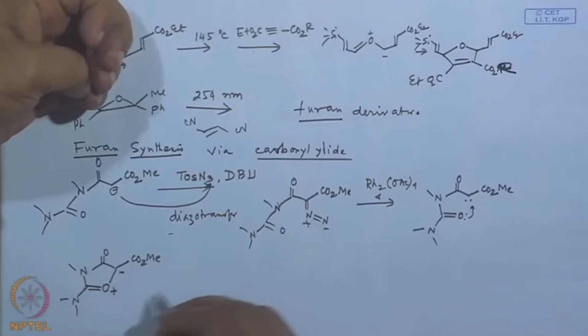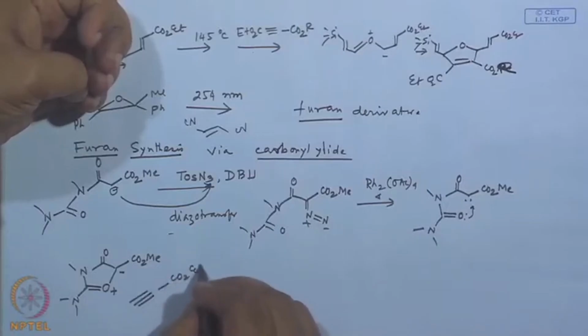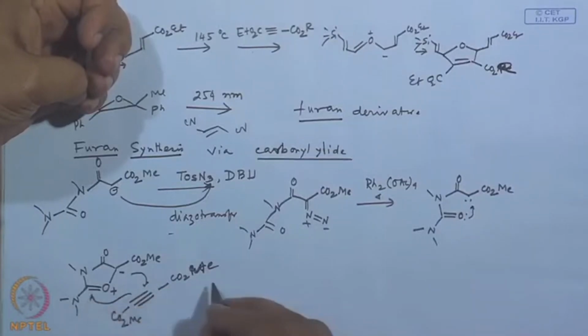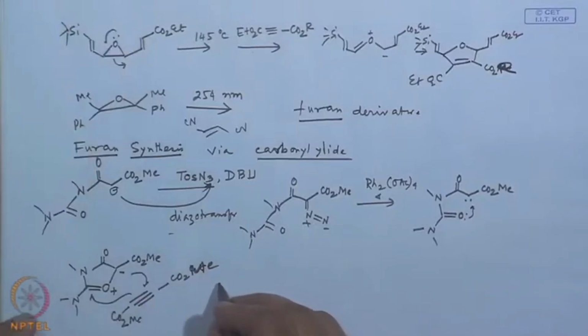And this sort of compound, once again, if you react with the alkynes, electron deficient alkyne, methyl here and CO2Me. So, all of you can write, the product would be a bicyclic compound.